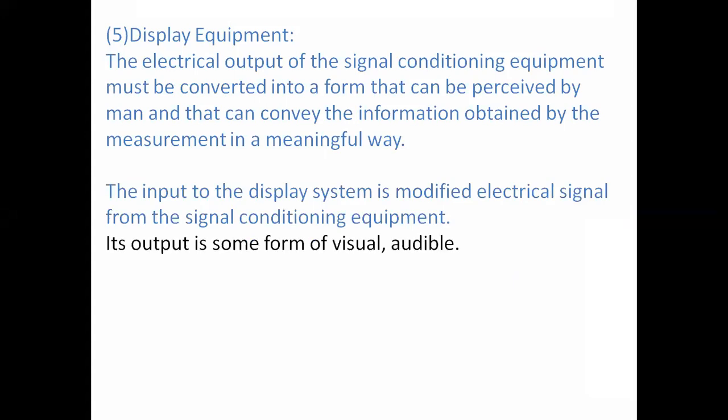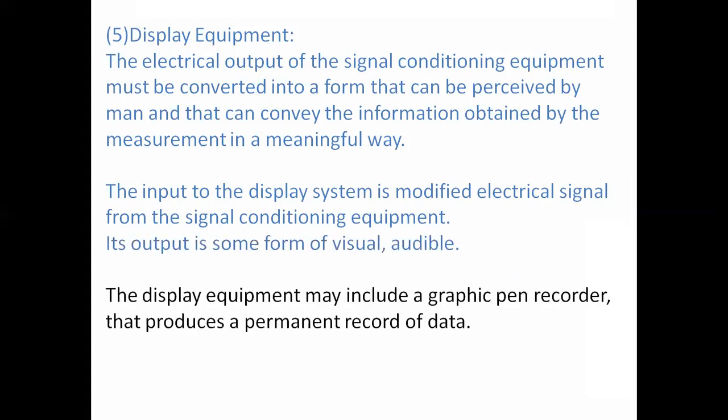Its output is some form of visible or audible signal. Visible means a 7-segment display, and audible means hearing the sounds from headphones. The display equipment may include a graphic pen recorder that produces a permanent record of data. The graphic pen recorder is one type of recorder.